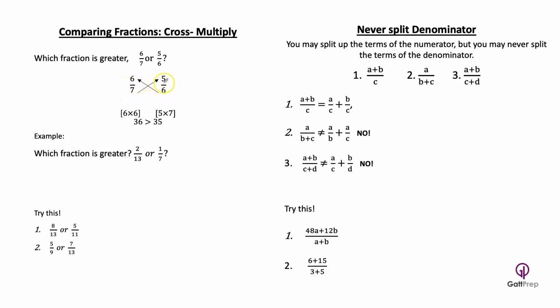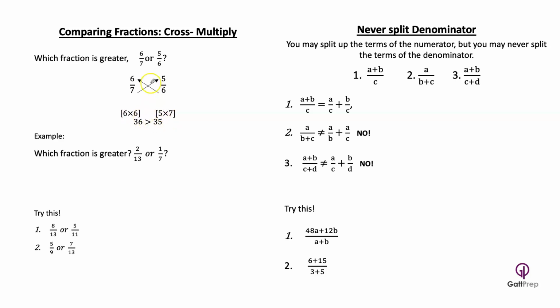And we are asking which one is bigger. So you multiply this denominator here by this numerator, and then you multiply this denominator by this numerator. Now remember to put each answer by the corresponding numerator, not the denominator. So this one moves to multiply here, and this one moves to multiply here.